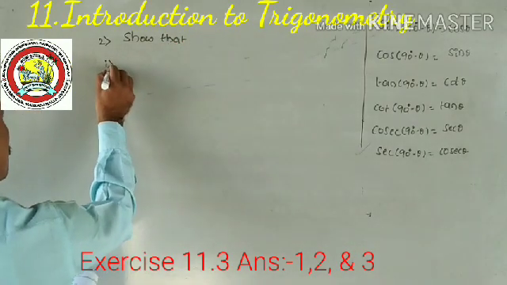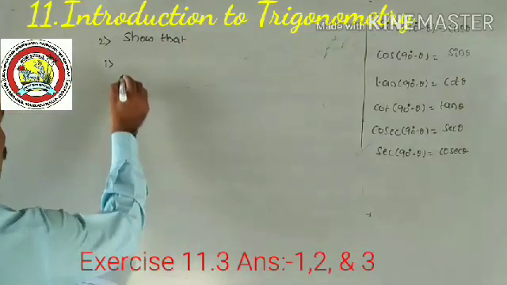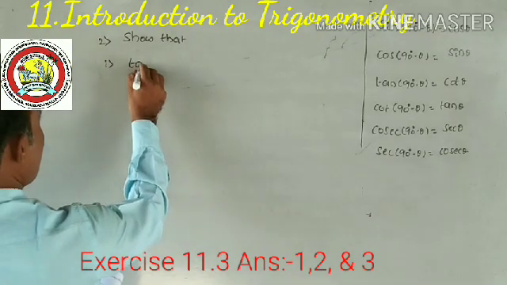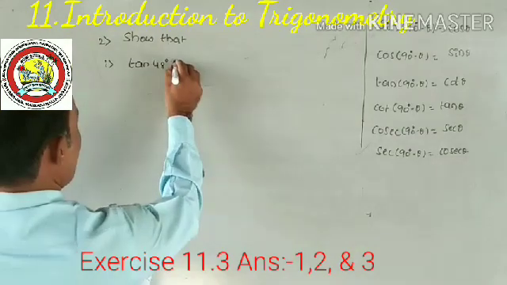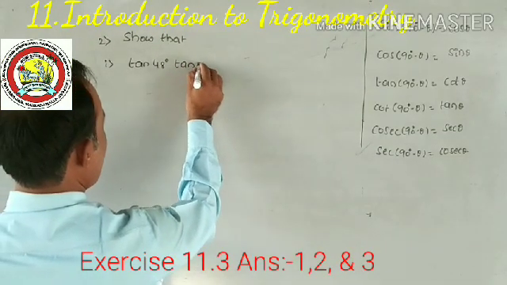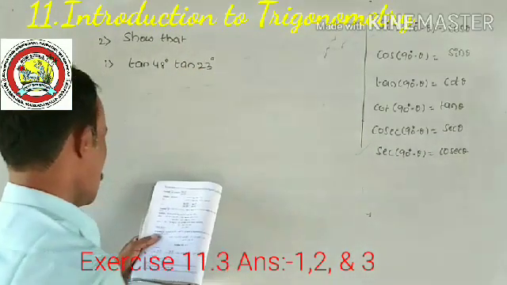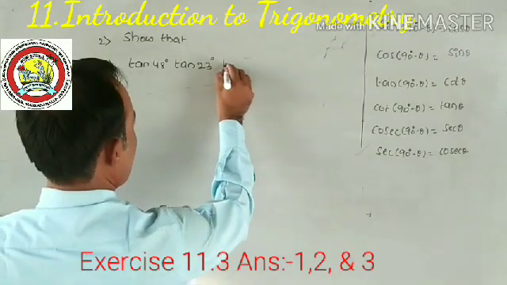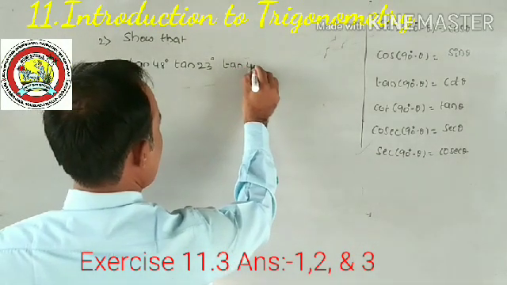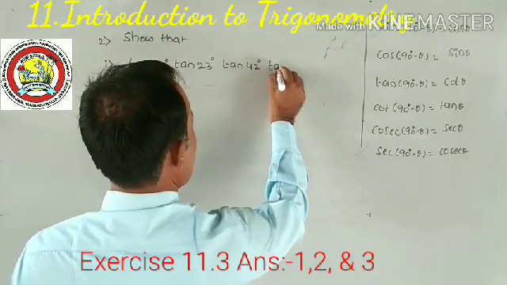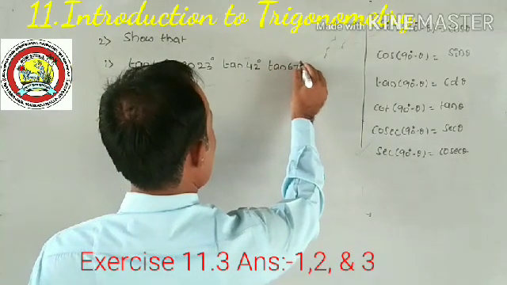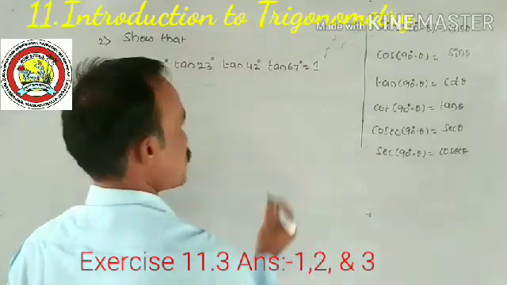As first one, tan 48 degrees, tan 23 degrees, tan 42 degrees, next tan 67 degrees. You have to show this value is equal to 1.